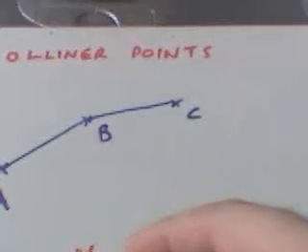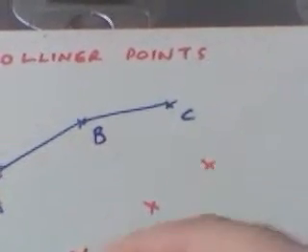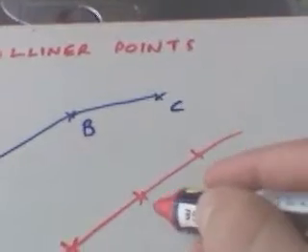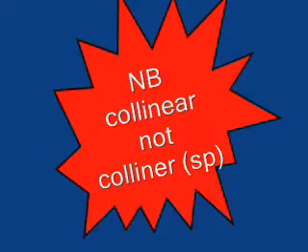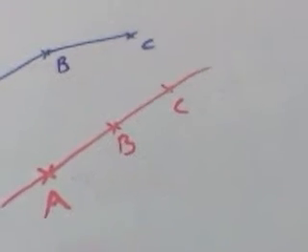Now if we take A, B and C and can demonstrate that they're all in one straight line, then that's obviously collinear.